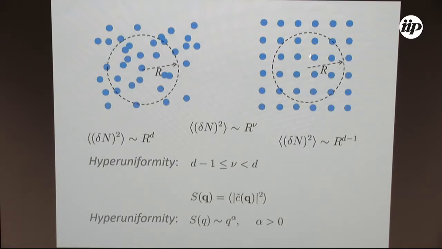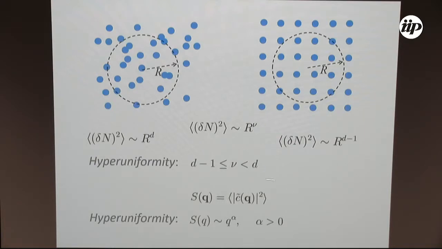Then, of course, it's very uniform, but still there are fluctuations that come from the surface, whether one particle was included or was excluded. So in that case, the variance is subextensive, and it goes like r to the power of d minus 1. So this is very uniform. This is very disordered. So hyperuniformity refers to cases where this power, nu, is in between d minus 1 and d. Any system that exhibits such suppressed fluctuation is called hyperuniform.